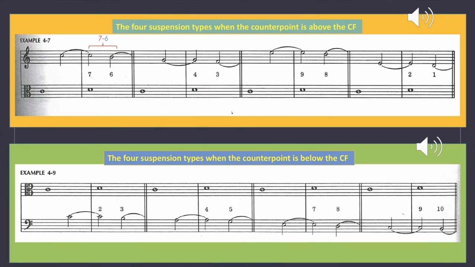This is also great, 4-3. And this one they say we're not going to use, the 2-1, because of the convergence on the octave in the second half of the bar.